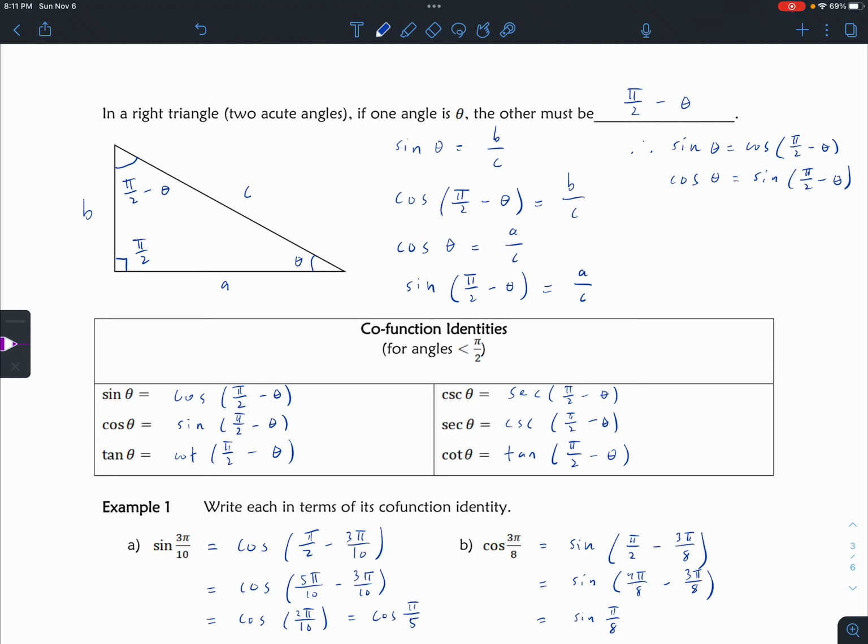So this is a visual representation of these cofunction identities. The same would apply for tangent and cotangent, cosecant and secant.